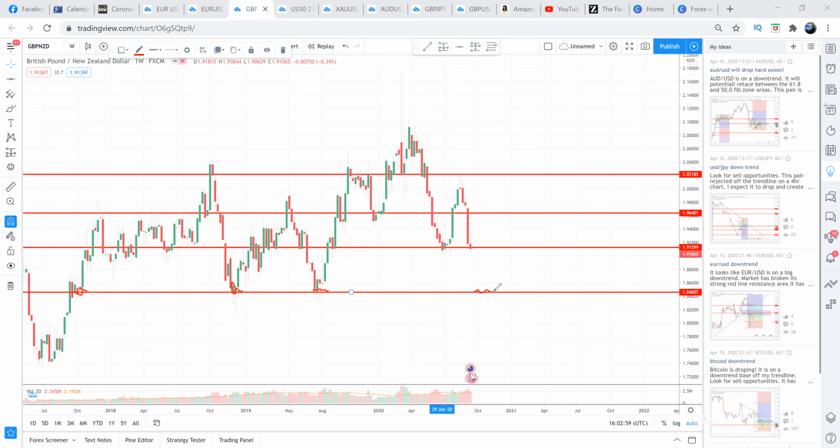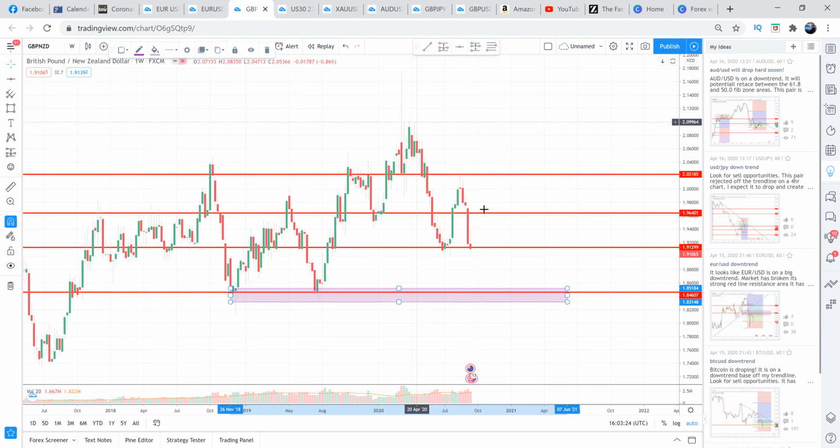So if the market breaks this potential buy area and the candle closes below here, then you can look for a sell continuation. But right now, we're focusing on this area as an area of buys for an area of support. So this is like a zone area, you could say.